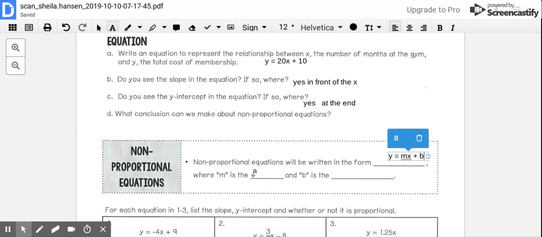So m stands for the slope, which we already knew. And b, don't ask me why they call it b, is your y-intercept. Don't know where they come up with all these letters. You'd think it would be called y, but we already have our x and y for our ordered pairs, so it needs to be called b.